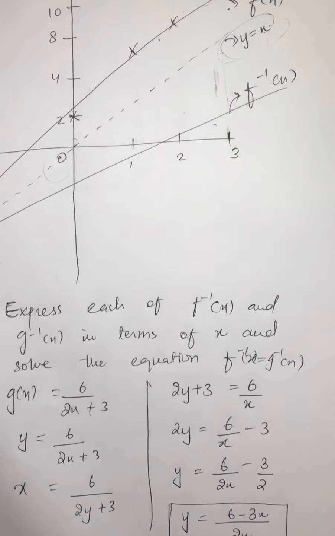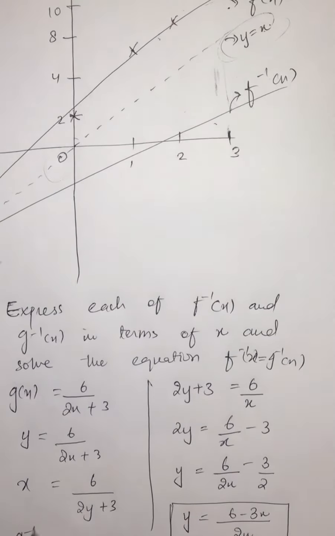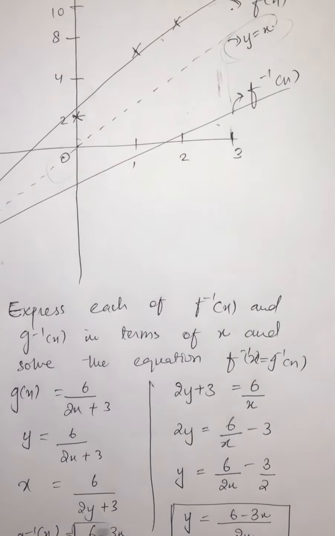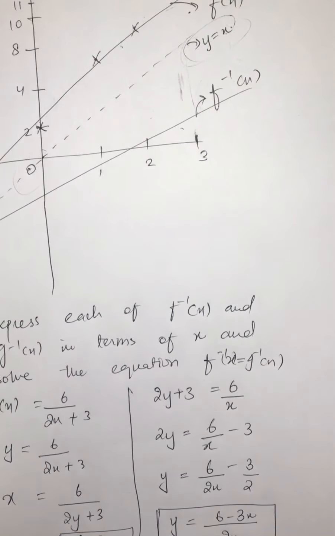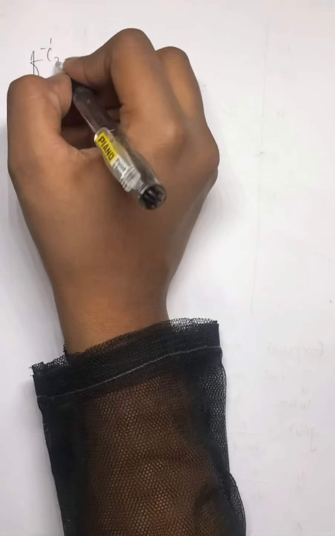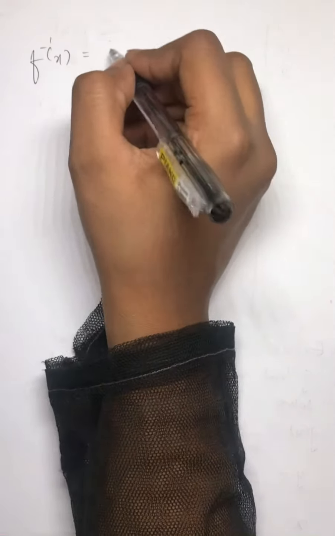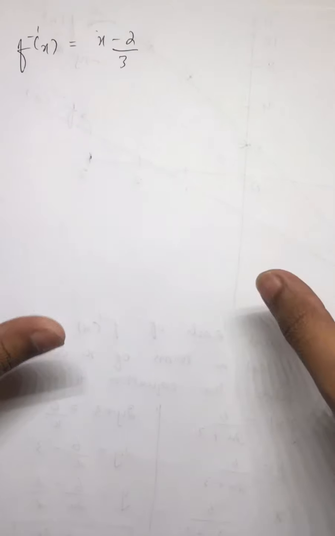This is the y, so g inverse x is equal to (6 minus 3x) by 2x. And now we already know f inverse, which is (x minus 2) by 3, right? Yes.